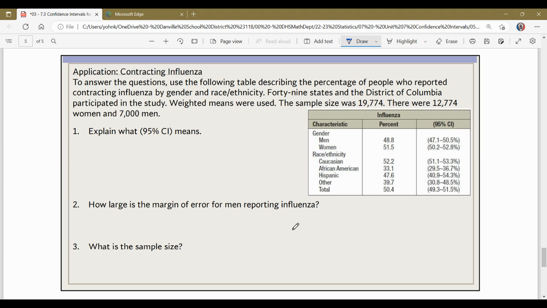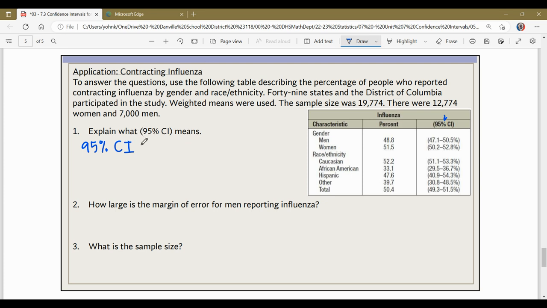Explain what 95% CI means. So that's this heading over here. What does that mean? 95% CI means that you have created a confidence interval in which 95% of the population can be found.